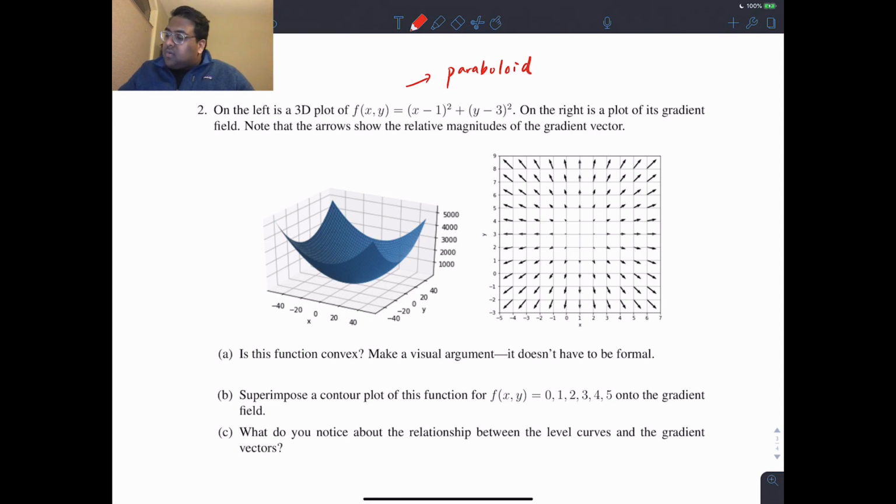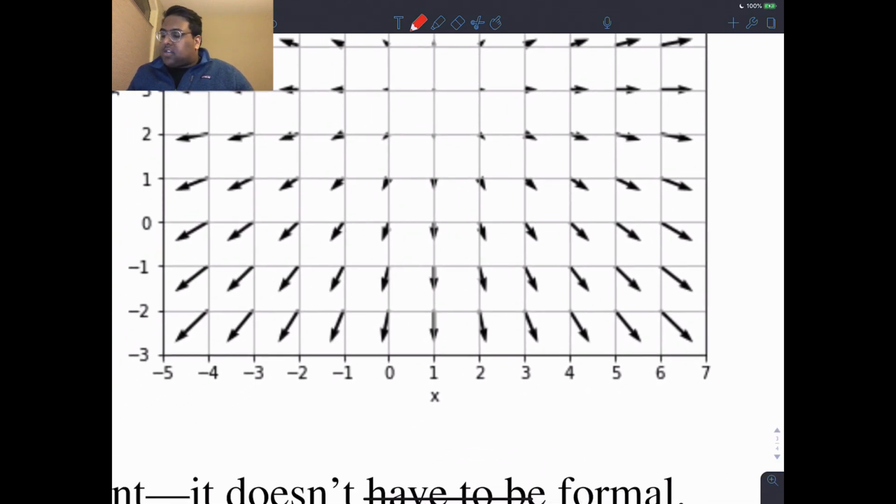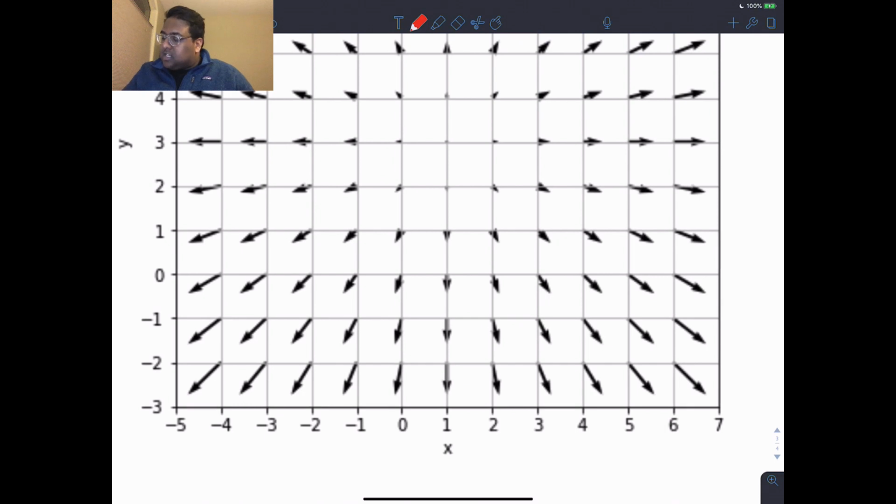And on the right, we have a plot of its gradient field, okay, and we see that the lengths of the arrows show the relative magnitudes of each gradient vector. Okay, so you can see these vectors that are further away from this point over here, which we'll talk about in just a second, they're longer, which means the function is changing faster further away from this point 1, 3. So the longer the gradient vector is, the more quickly the function is changing at those points.